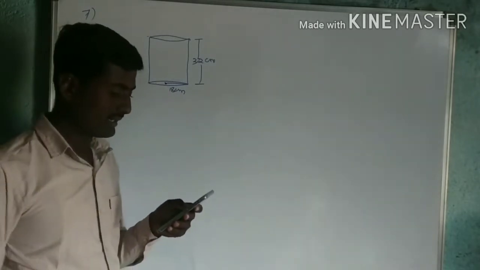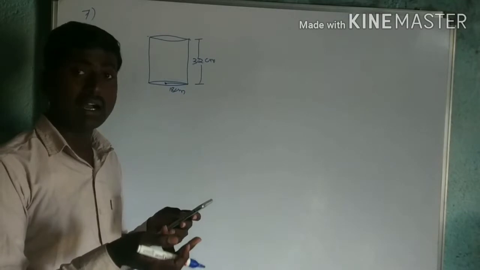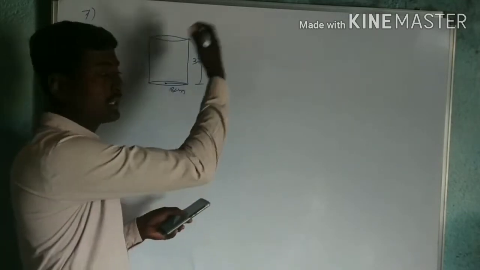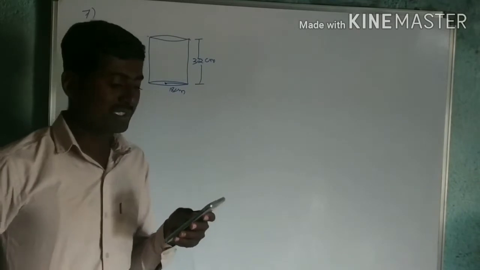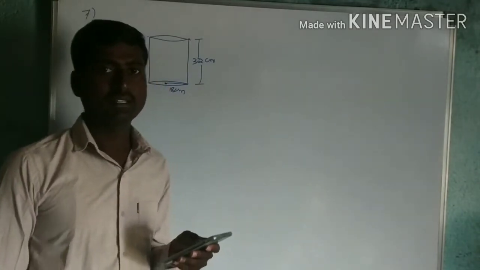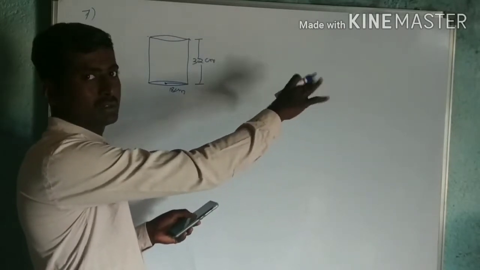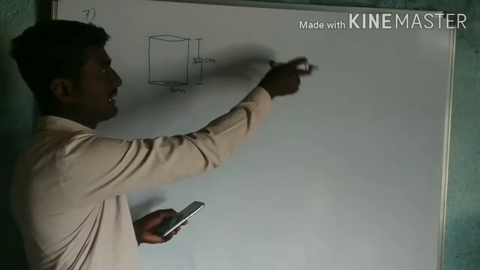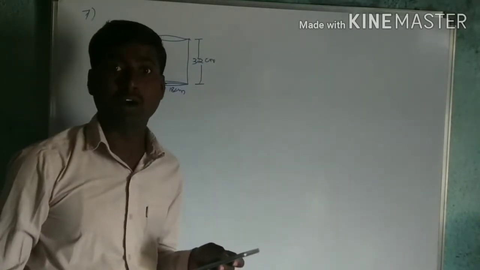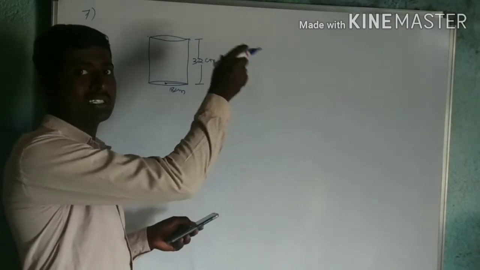Okay. Next, this bucket is emptied on the ground and a conical heap of sand is formed. Okay. So there one heap formed. That heap is nothing but a group of sand. So one conical heap of sand is formed on the ground. Conical heap means that heap was in the shape of cone.